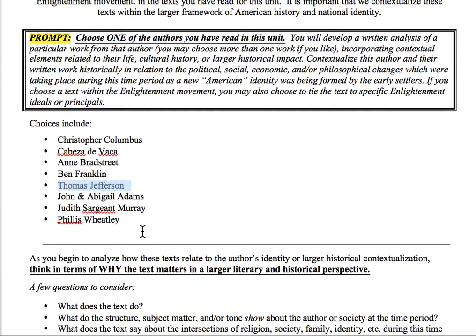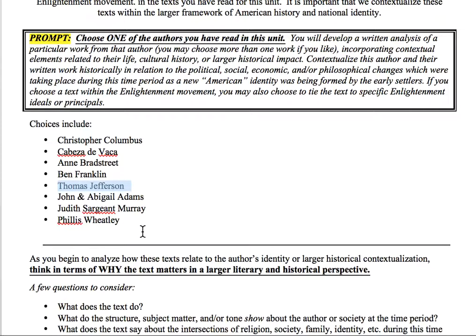So basically, you're doing very similar to what I do in the lectures, where you break down the text and look at the text closely for its literary elements, but then carry it one step further and explain how the author's identity or the genre or what was going on at the historical time period plays into why that text was created.